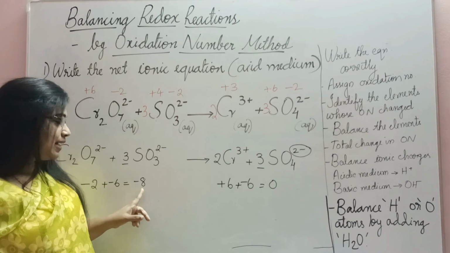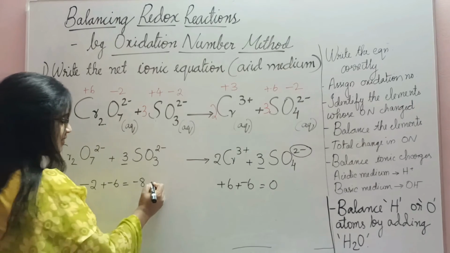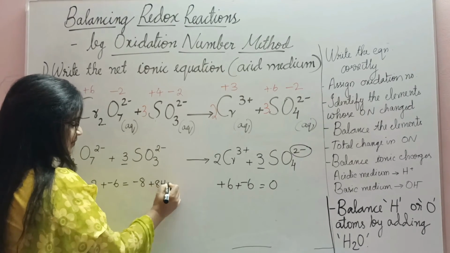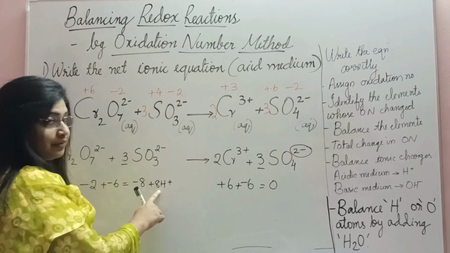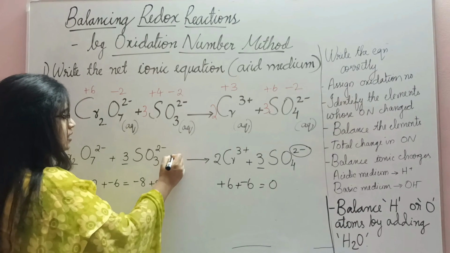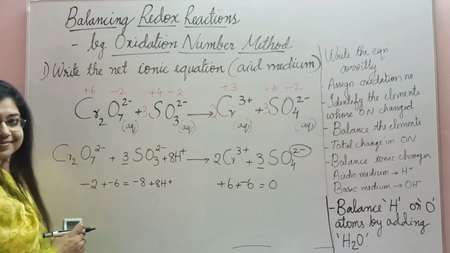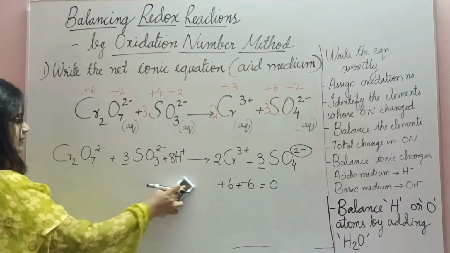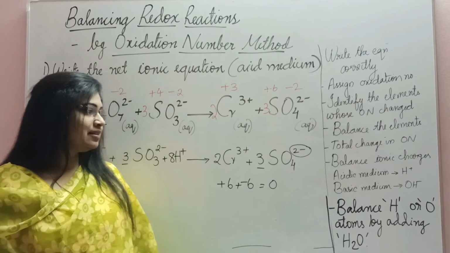You can cancel it by adding 8 H plus ions. So here there are -8 charges. We can nullify it by adding 8 H plus. Here you add this 8 H plus on the reactant side. Hope you understood this part.